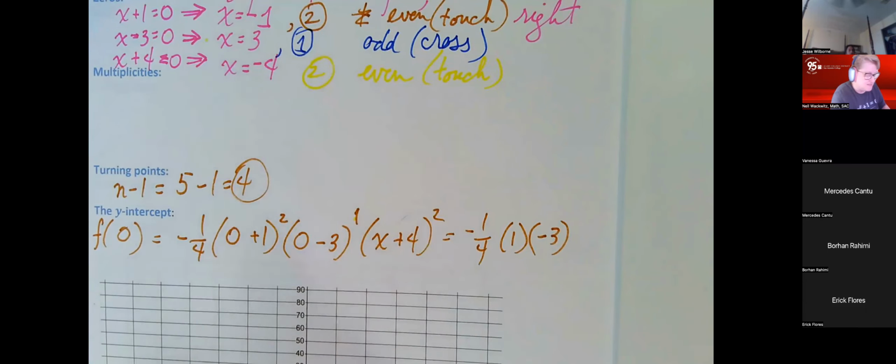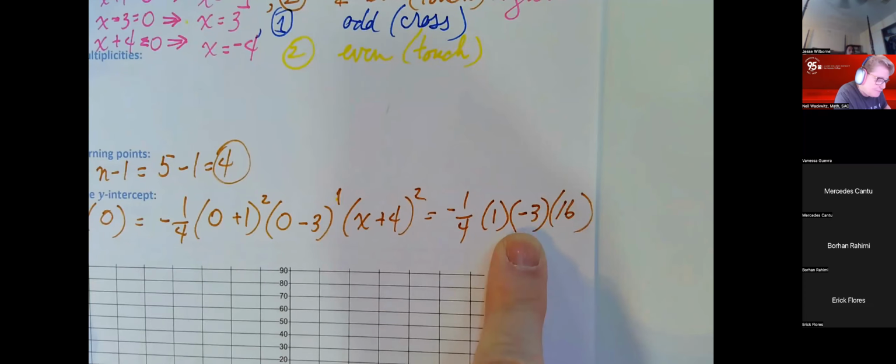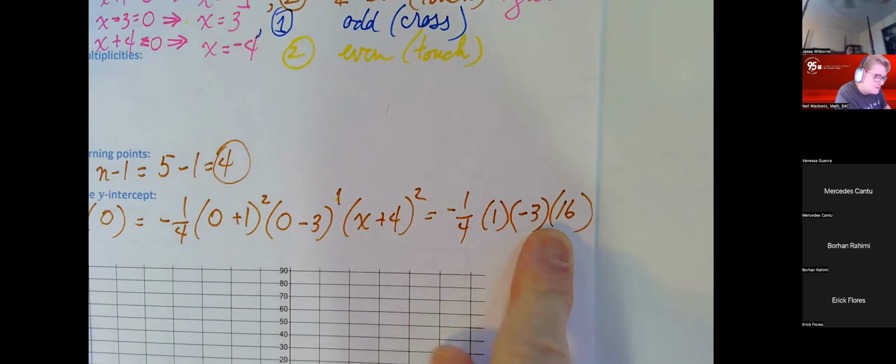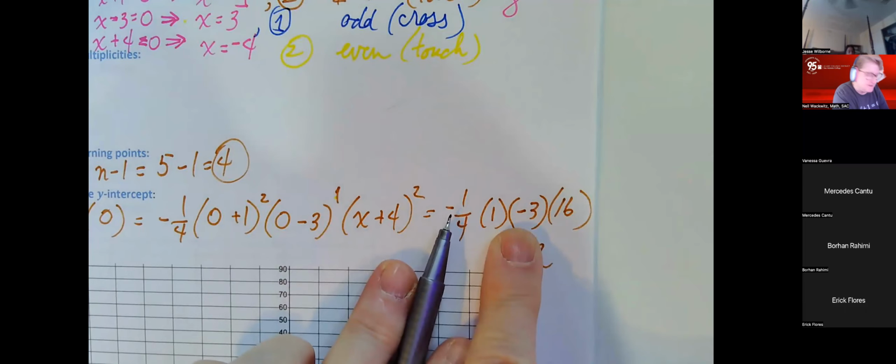And then 4 to the second power is 16. So I've got -3 times 16. That's -48. What is -48 divided by -4? 12. Good. Is it negative or positive if we've got two negatives? Positive. So the y-intercept is 0, 12.